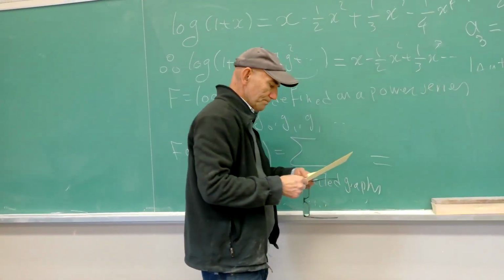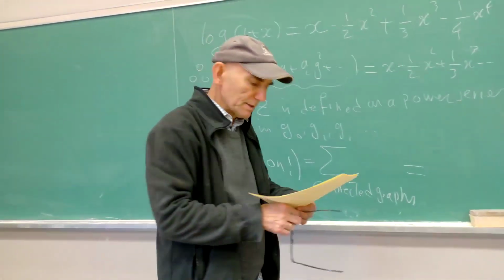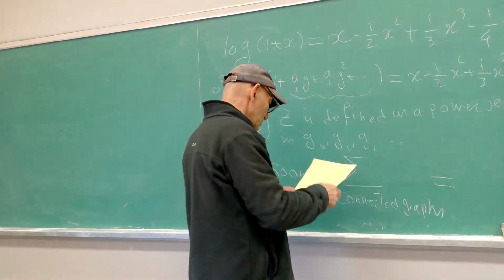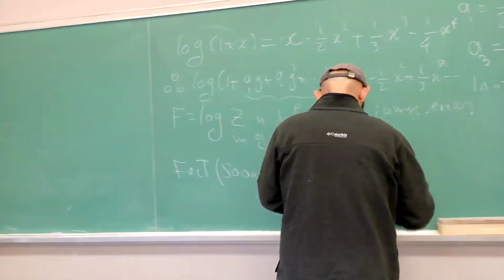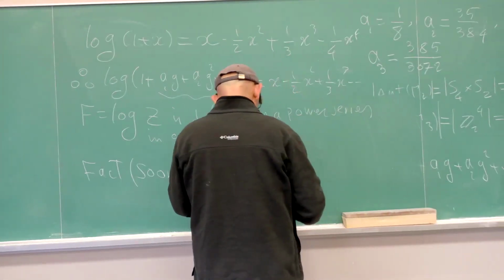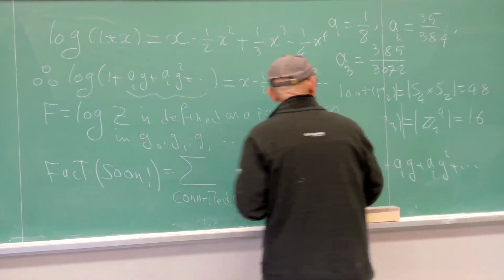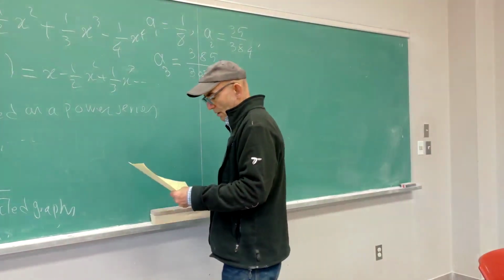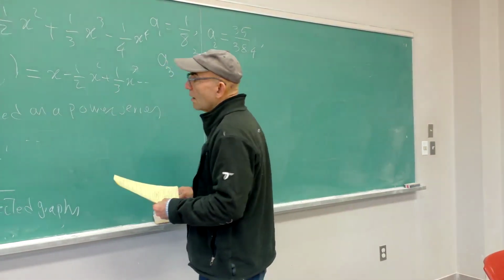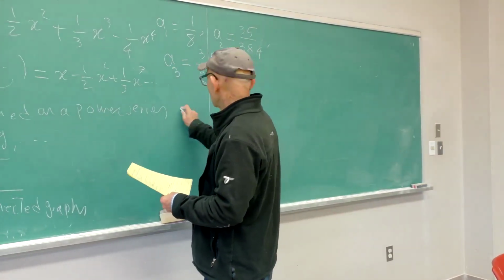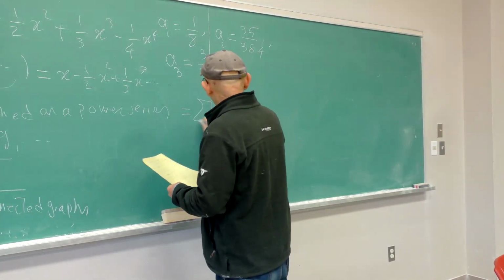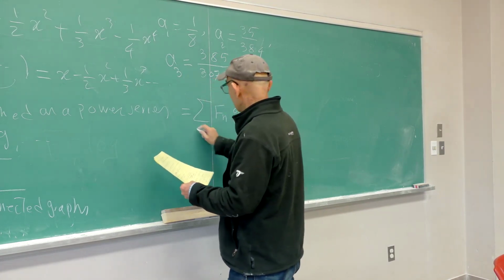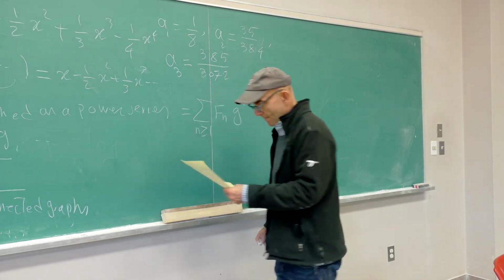So if you want, basically in this case, then you're claiming that this guy actually is equal to, so let me write it now. So this is, you just write it as sum Fn Gn. Now n is bigger than or equal to 1, there is no constant there. Right?